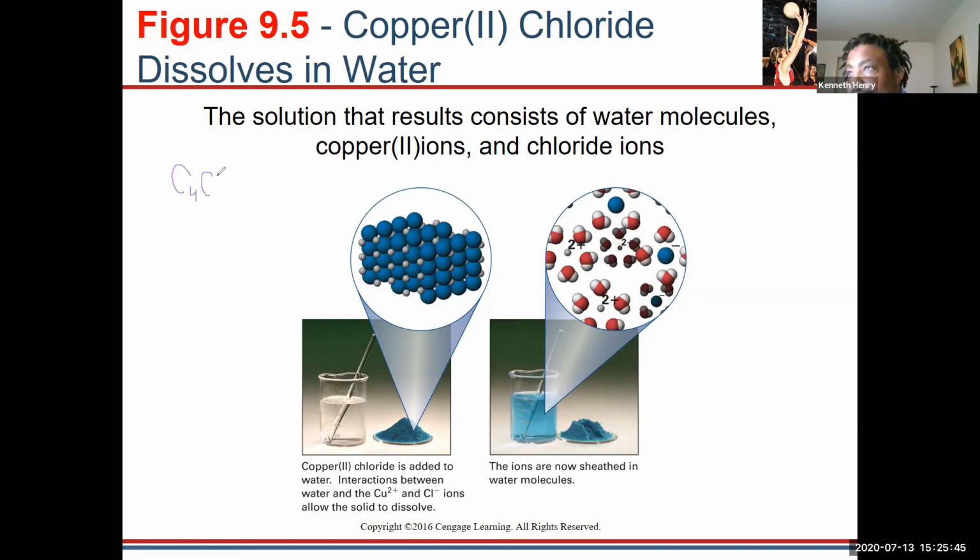CuCl2. So initially it's going to be a solid, and if we add water to that, what's going to happen? It will dissociate. It's going to dissociate to what?